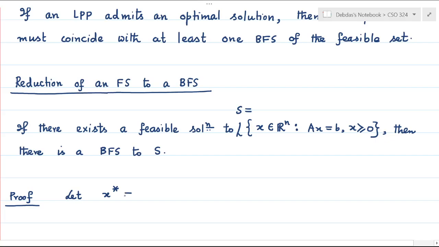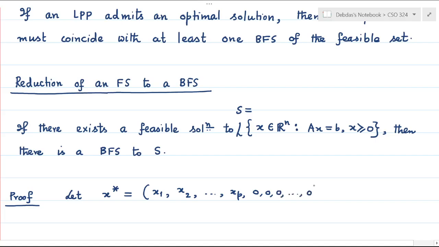So interchanging the roles of the variables, just by rearranging or renaming the variables, we can without loss of generality write the solution x star as, at first, the non-zero components x1, x2, and so on up to xp, then the rest of them are all zeros.